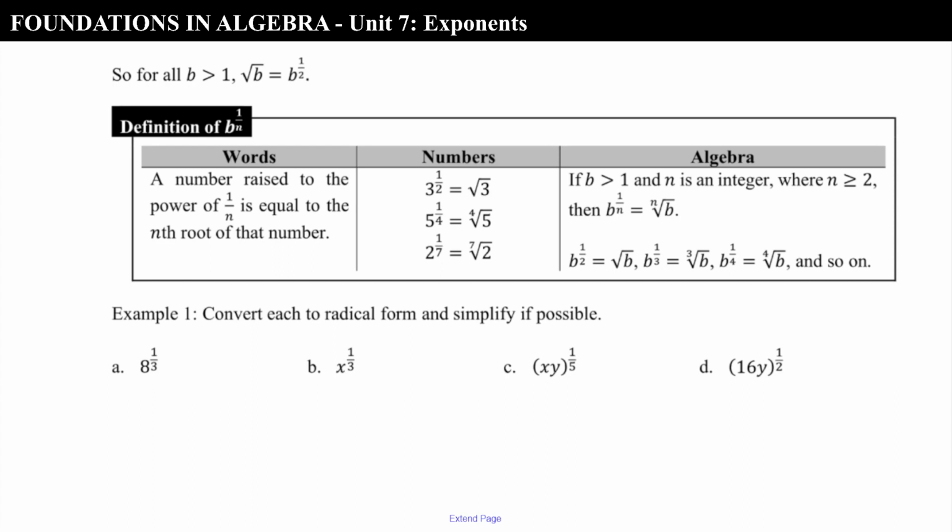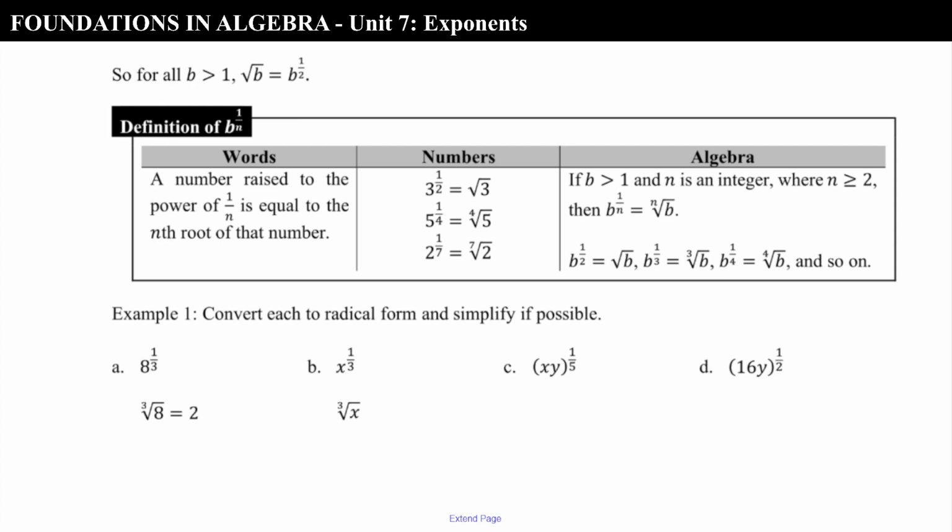Okay, so let's convert each to radical form and simplify if possible for a through d here. For a, 8 to the 1/3 is going to be the cube root of 8, which happens to be 2, because 2 times 2 times 2 is 8. For b, x to the 1/3 is simply the cube root of x.